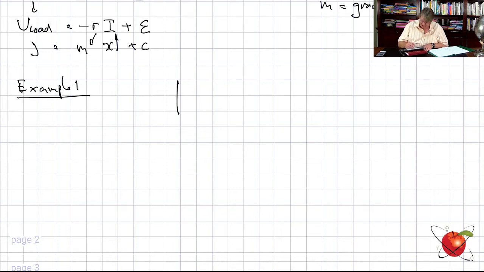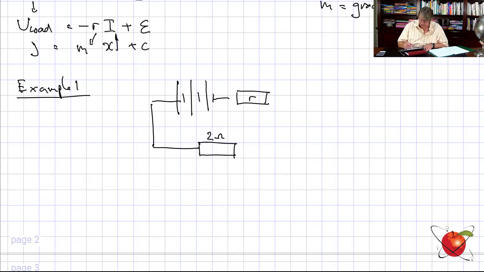We've been given this circuit here, and they've told us that we have a 2 ohm resistor here with a switch. Very similar to the one we just did.